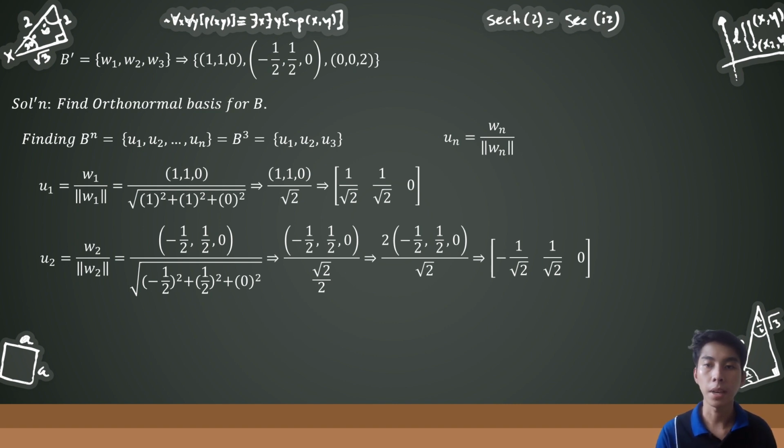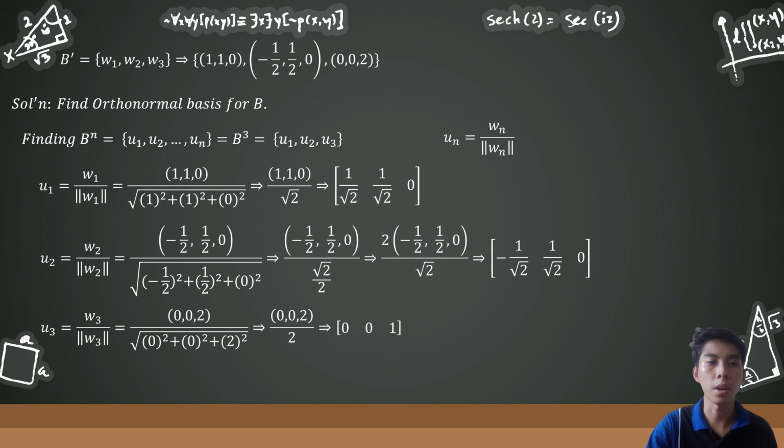And we simplify the given equation. So for the vector u sub 2, we have the elements negative 1 over square root of 2, 1 over square root of 2, and lastly 0. Lastly, we need to find the vector u sub 3 using the elements of vector w sub 3.